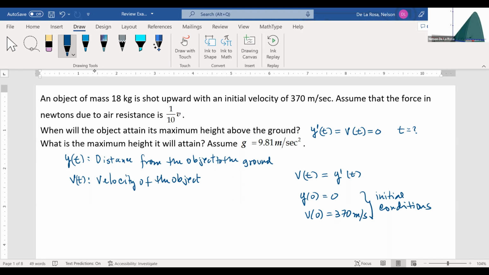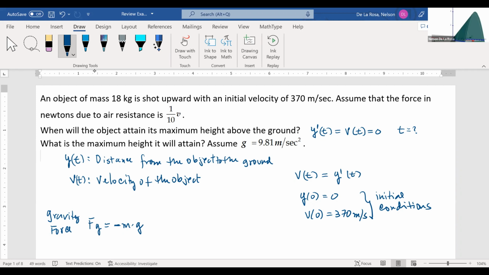In the system formed by the object, two forces are acting. The gravity force, which is F of g equals minus m times g. m is the mass of the object, and g is the acceleration due to gravity, and it is negative because the object is shot upward.